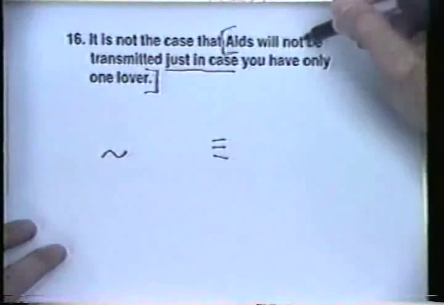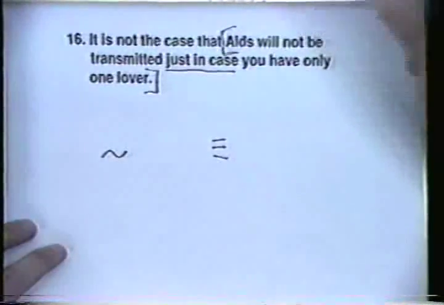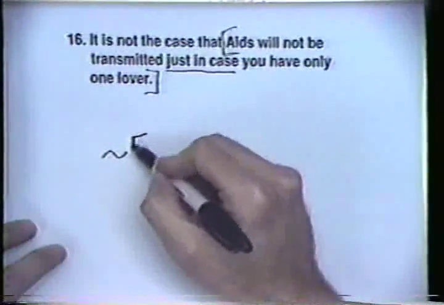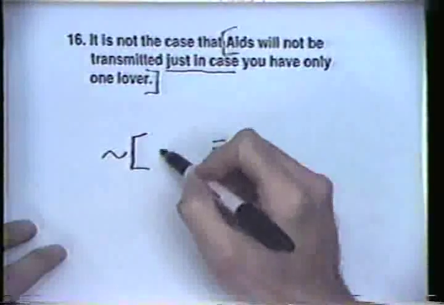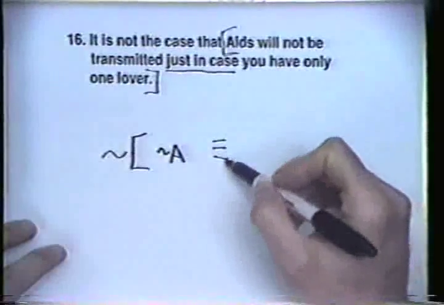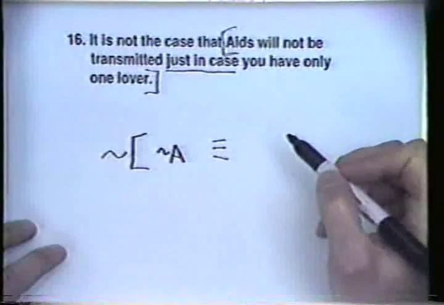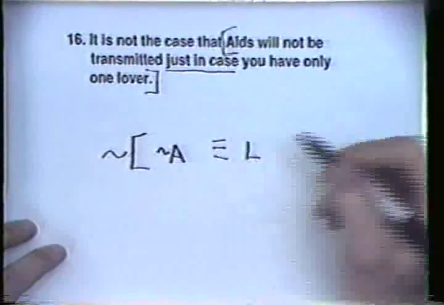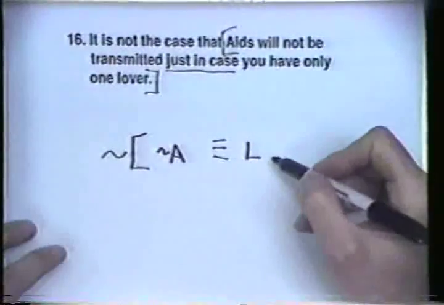AIDS is not transmitted is itself a negation. So it's not the case that, and then we need brackets here, AIDS is not transmitted just in case you have only one lover. And we'll let L stand for you have only one lover.